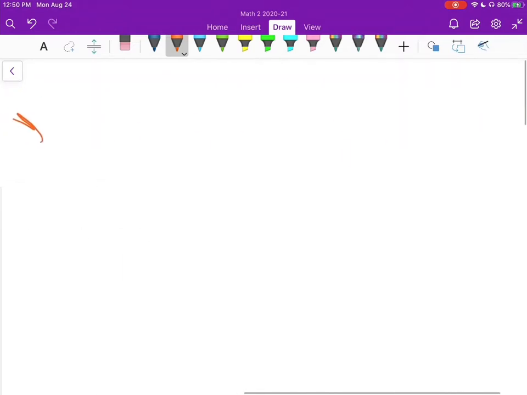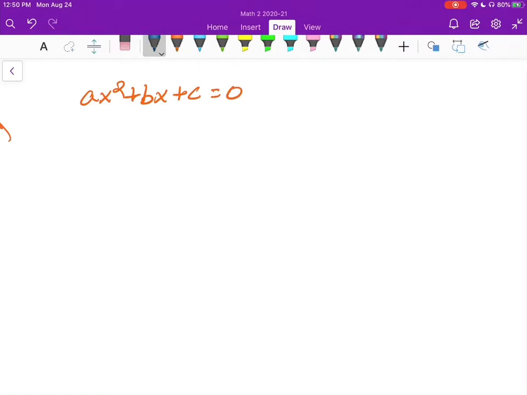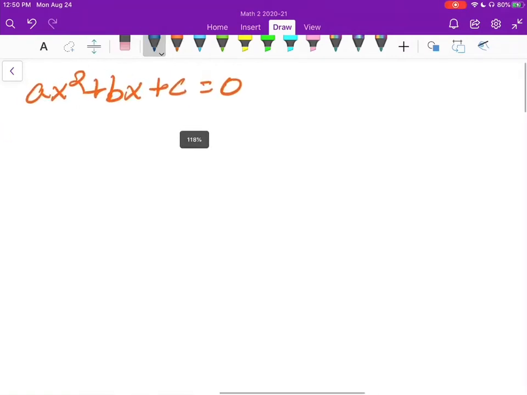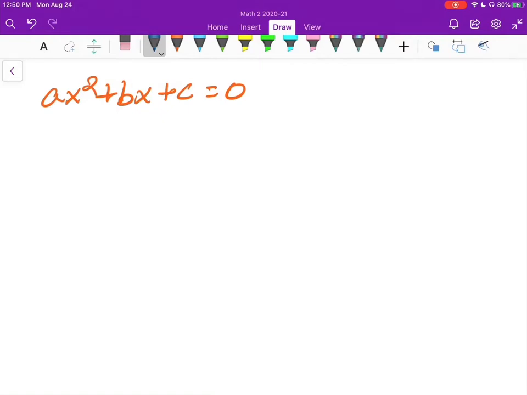All right. So if you have ax squared plus bx plus c equals 0, and we want to solve for x, we're going to do this all using the variables there. Normally we would have numbers there, but we're going to complete the square, leaving all the variables, and we're going to end up with the quadratic formula. So let's first start off by getting the x's on the side on their own.